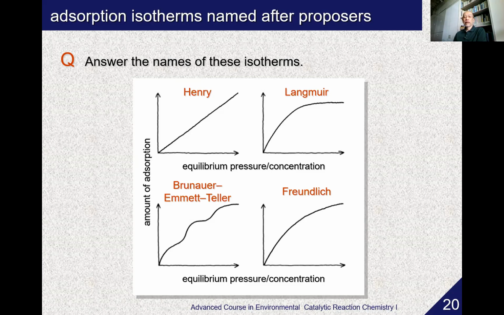from Langmuir isotherm. The Henry type adsorption isotherm is the part of Langmuir isotherm at very low concentration range. And Freundlich isotherm can be reproduced by overlapping the several Langmuir isotherms. So different adsorption sites are there. And Brunauer method that assume the multiple layer adsorption.